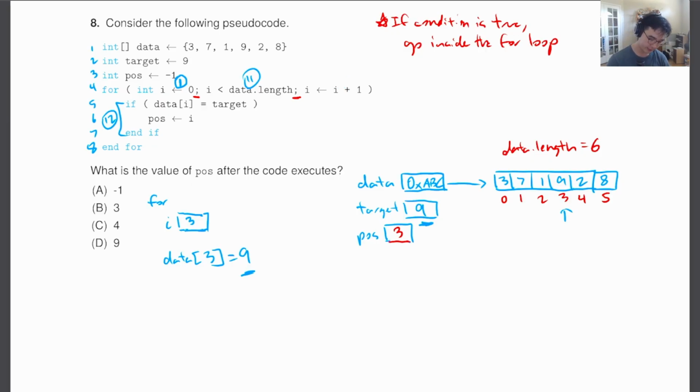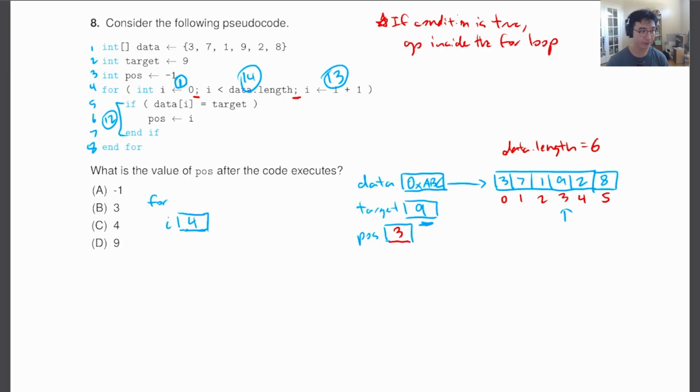So now here. Remember, code goes top to bottom. But now we're looping back up, right? So I is now I plus 1. So I is now 4. We then go to the condition. Is 4 less than 6?